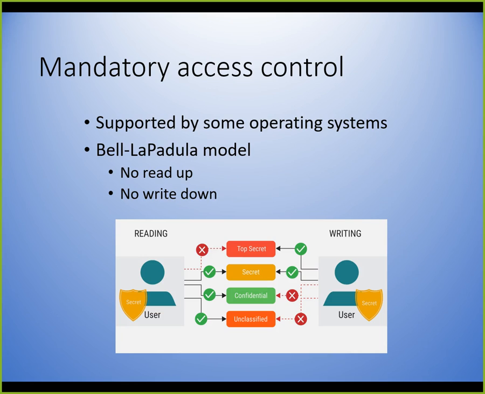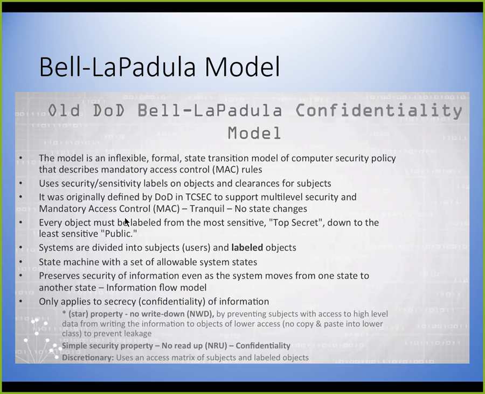He can't read top secret. And the user with a secret clearance on the right, for writing, can write up, can write to top secret, but can't write down. And the reason you want no write down is to prevent the inadvertent divulging of information that shouldn't be done.